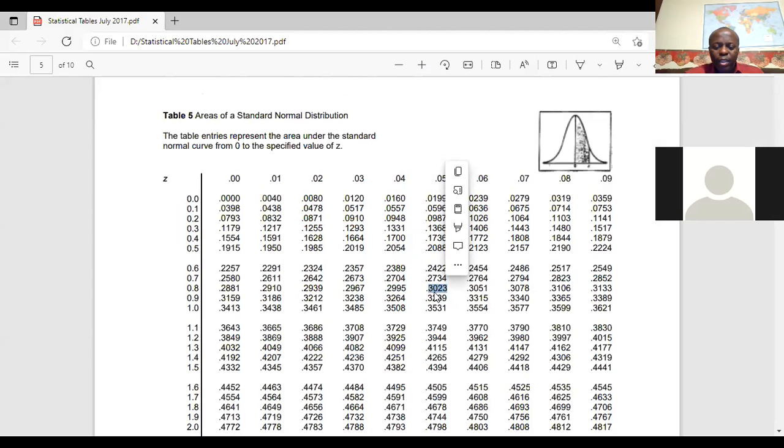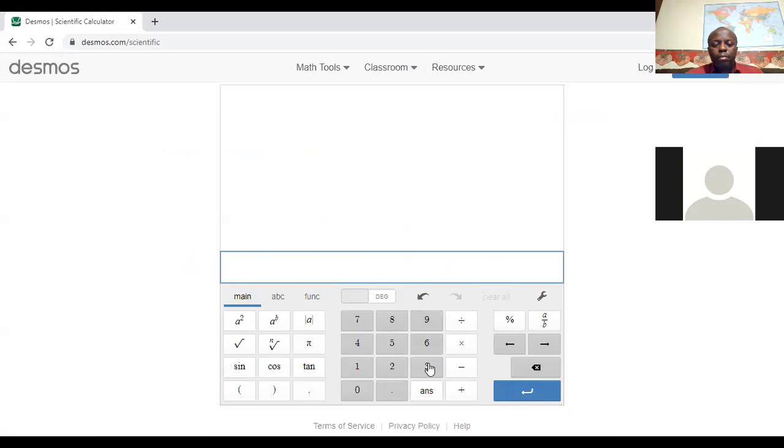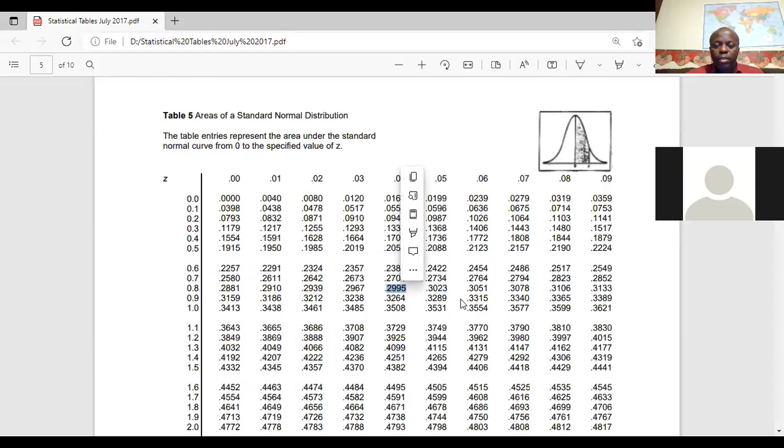For this one, 3023 minus 3000 is 23 points away, too far away. This one, 0.2995: 3000 minus 2995 is only 5 points away. So it's closer than the other number, 3023.